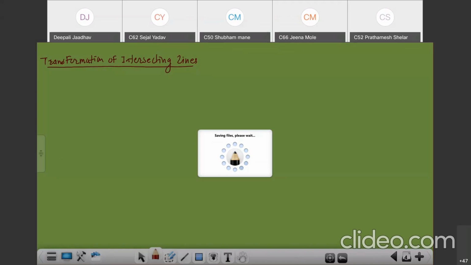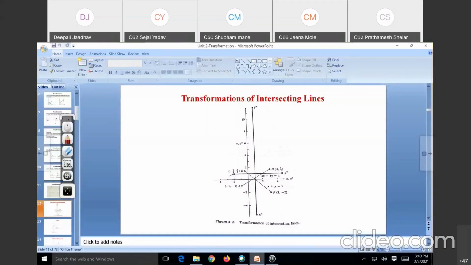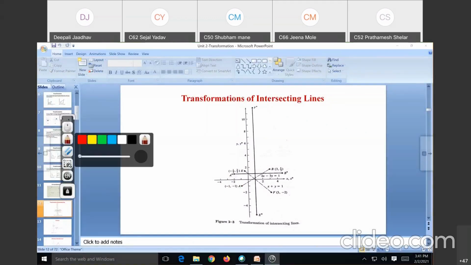We can consider it as a proof. For example, here you can see this original line AB and another line EF.